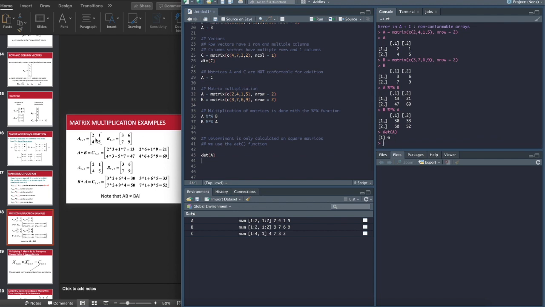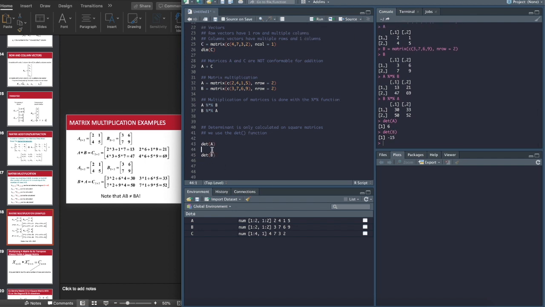Again, it's calculated easily with a 2 by 2 matrix: it's 2 times 5, which is 10, minus 4, and that would be 6. If I want to get the determinant of B, I can do it with this det function, and that is minus 15. So you can see that the determinant doesn't necessarily have to be positive.